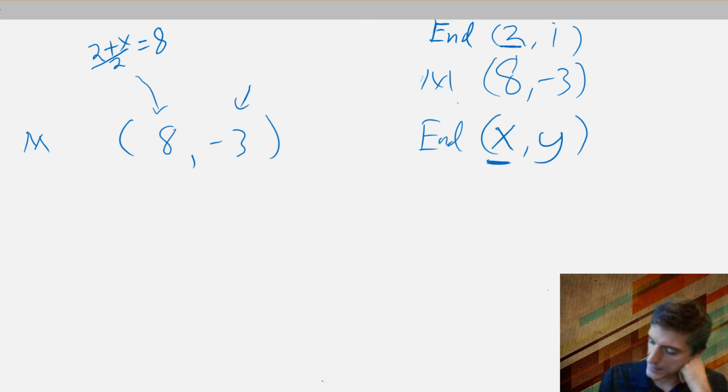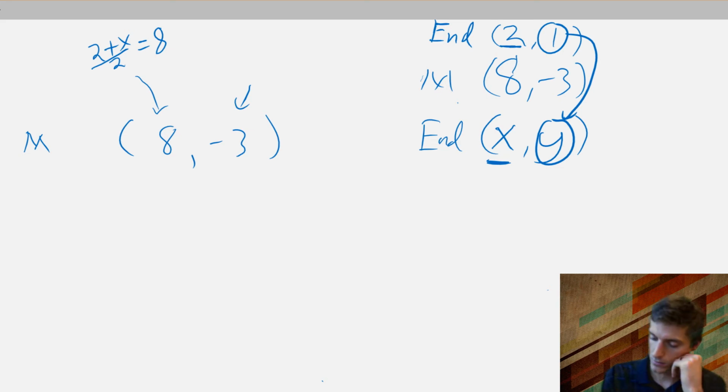Well, to get the midpoint value of negative 3, I would have taken my first y value and my second y value, the second one I don't know, 1 plus y, and I would divide it by 2 to find the average, the middle of it, and I would have got a solution of negative 3. Right? So that's supposed to be a y. Now it looks like a y.